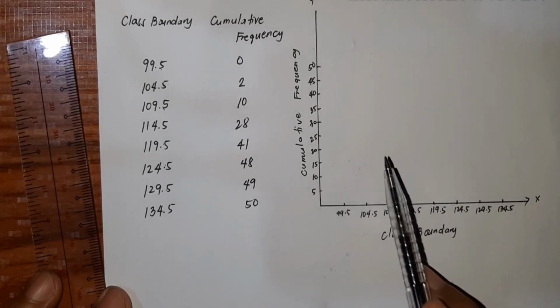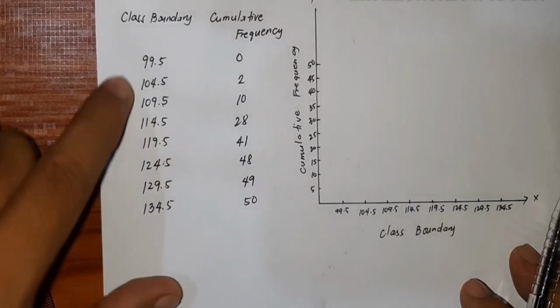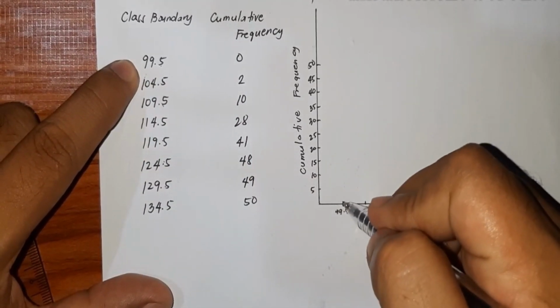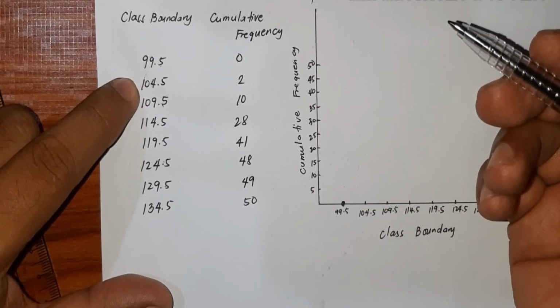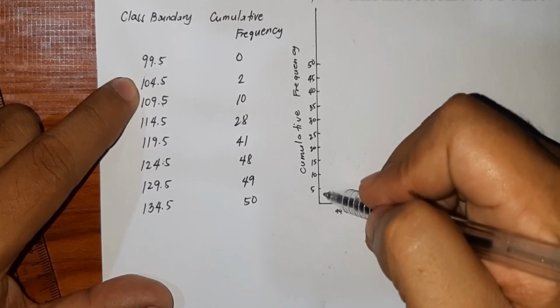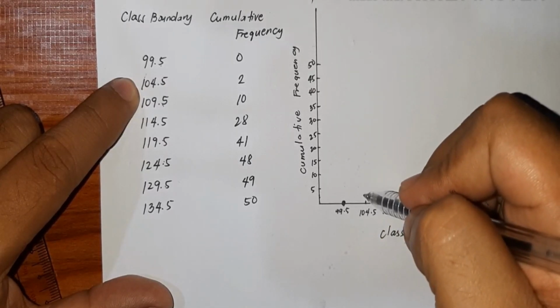Okay, so ngayon, ipa-plot natin yung points kung saan tapat yung frequency niya. Since ang frequency ni 99.5 ay 0, so ito lang siya. Okay. Next, yung frequency ni 104.5. Okay, so 2. So, ito si 5. Kung yung gitna niya ay 3, so baba lang tayo ng konti.